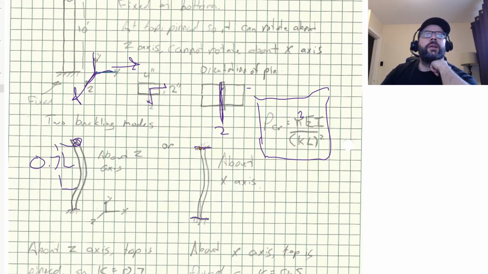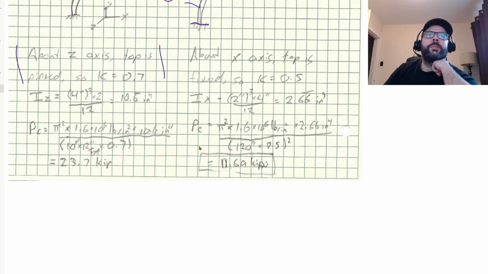So again, if we're rotating about the z-axis, our effective length is 0.7 times L. But our I needs to be calculated based upon rotation about the z-axis. So again, just a reminder, x-axis this way, z-axis this way. So that's 4 inches, and that's 2 inches there.